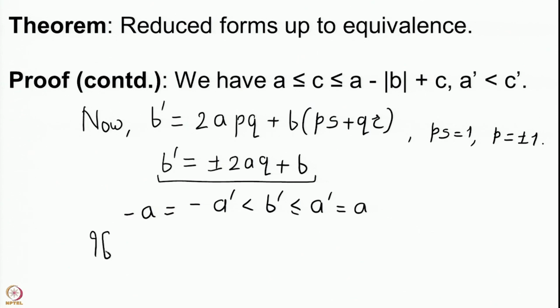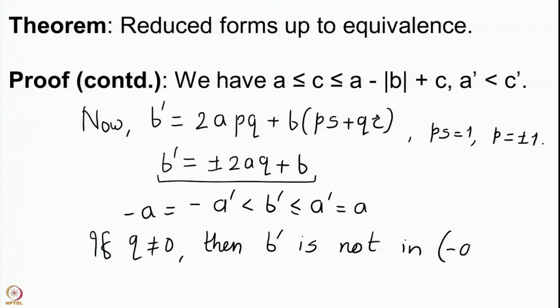If q is not equal to 0, then b prime is not in the set minus a to a, because b is already there. For b we already have this inequality. So, if I multiply 2a by a non-negative non-zero number and add or subtract it from b, we are no longer in the interval minus a to a, and therefore, to remain in the interval we must have q equal to 0.